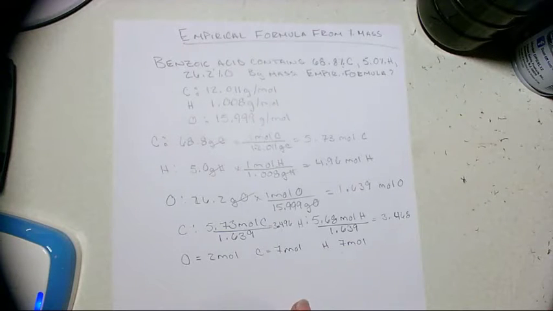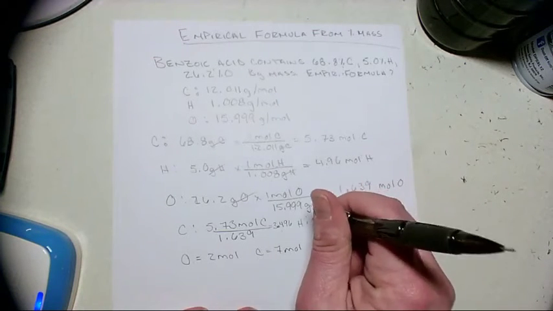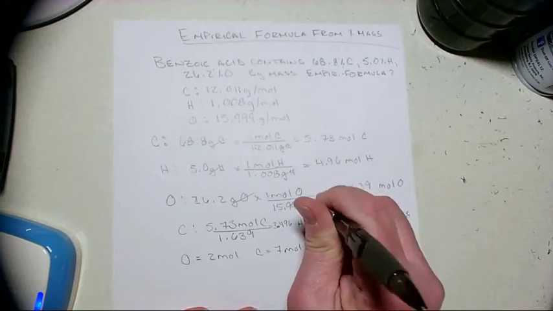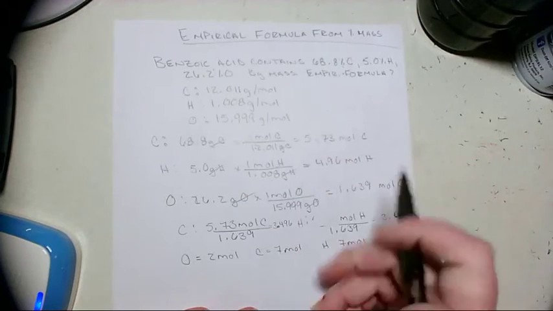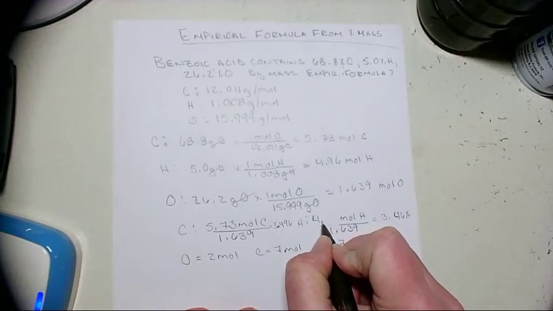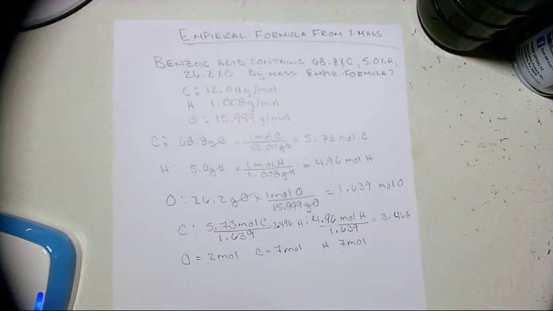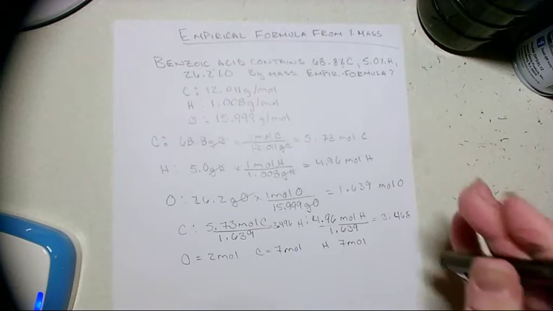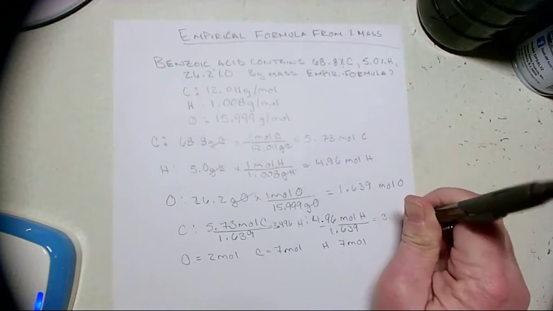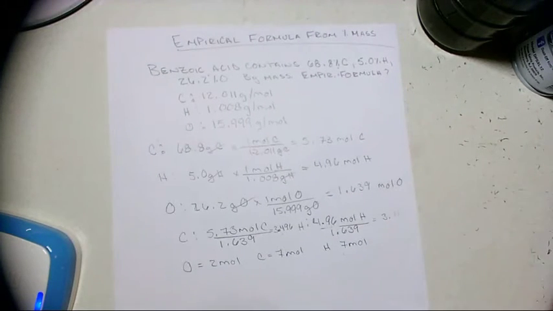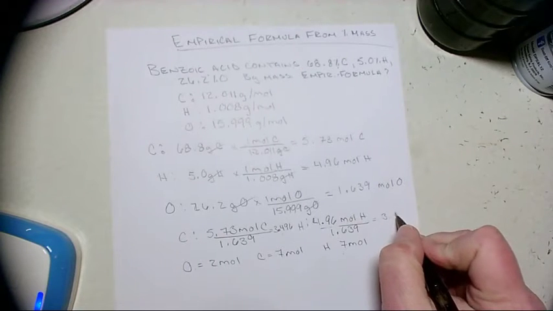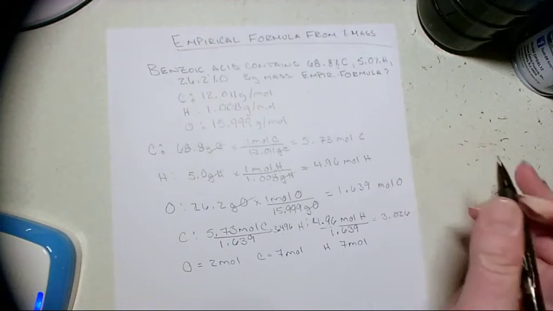So with that, let's change this to 4.96 divided by the 1.639. 4.96 divided by 1.639 is 3.026. That makes sense. So the same rule applies though.